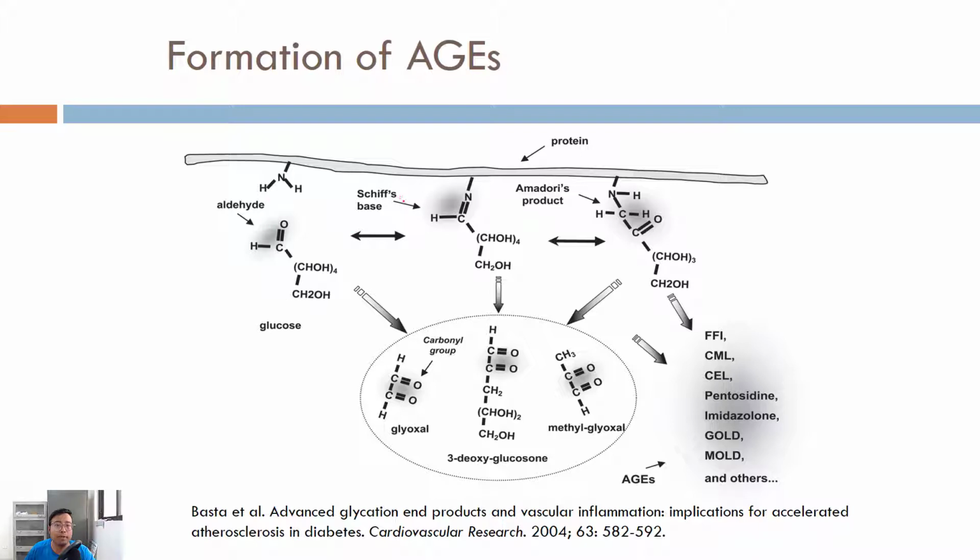The Schiff base is formed, it condenses to form the Amadori product, and ultimately all of them condense to form multiple advanced glycation end products. For example, furoyl furanyl imidazole, carboxymethyl lysine, carboxyethyl lysine, pentosidine, imidazolone, glyoxal lysine dimer, methylglyoxal lysine dimer, and so on and so forth.